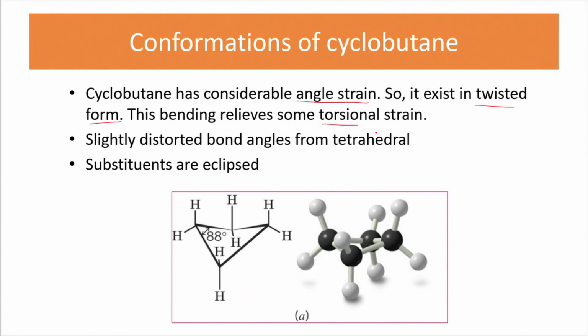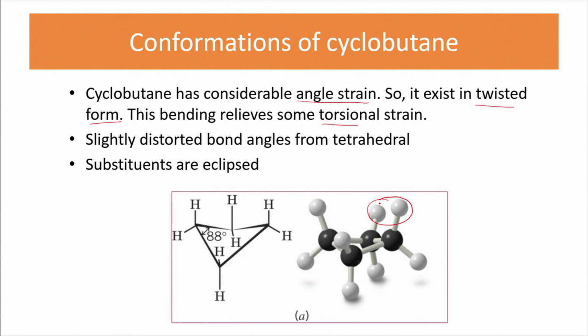So, the molecule is a little bit twisted from the planar form. If you look at the structure, this is not a completely planar molecule. The molecule is close to planar, but it is a little bit twisted to relieve the torsional strain, because the eclipsing hydrogen atoms will have torsional strain.